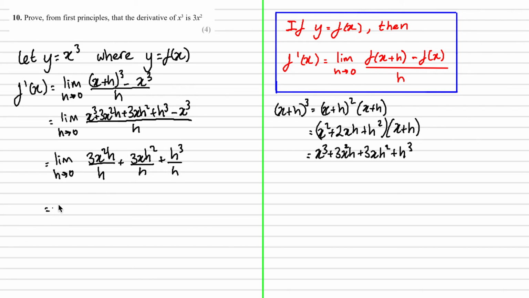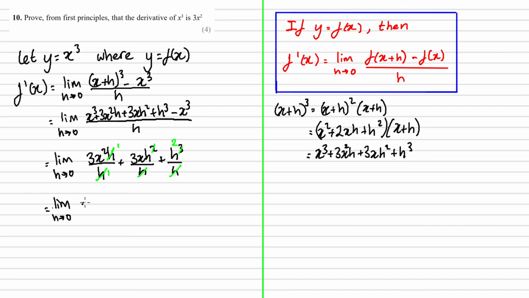Okay, so this is a limit as h tends to 0. Now h divided by h is 1, h squared divided by h is h, and h cubed divided by h is h squared.